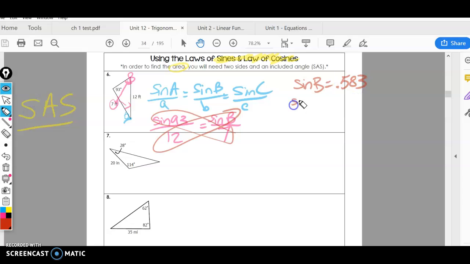0.583, and then doing the inverse sine of 0.583, we get this B angle to be 35.6.